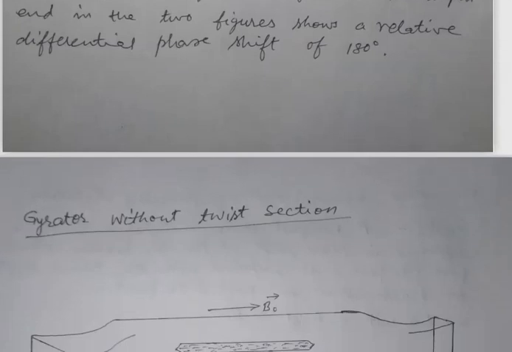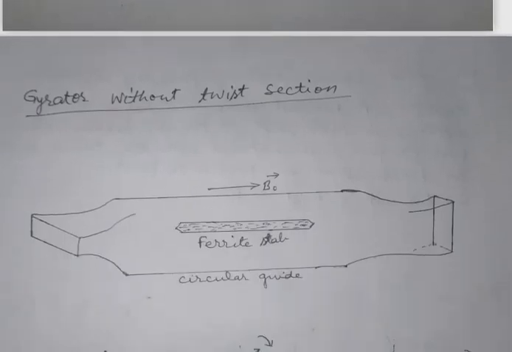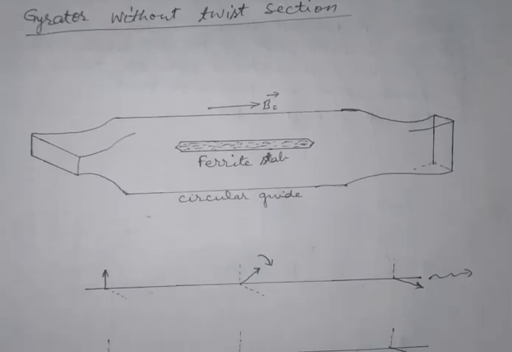Now we discuss the construction and working of the gyrator without a twist section. In this figure, the input and output rectangular waveguides are connected with the central circular waveguide. Neither the input nor the output waveguide has any twist section, but the input and output rectangular waveguides have orientational planes at 90 degrees to each other.